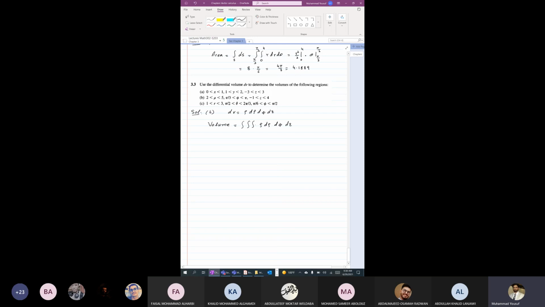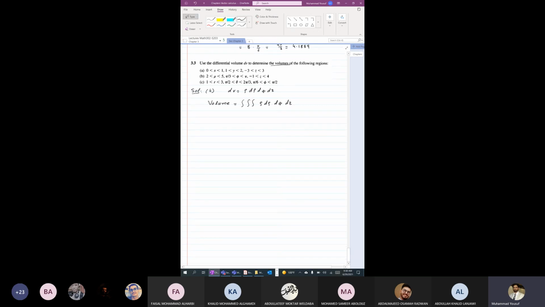Integrand is 1. When integrand is 1, the answer from this integral will be the volume of the solid, in which rho is going from 2 up to 5. Phi is going from pi over 3 to pi, and z is going from -1 up to 4.